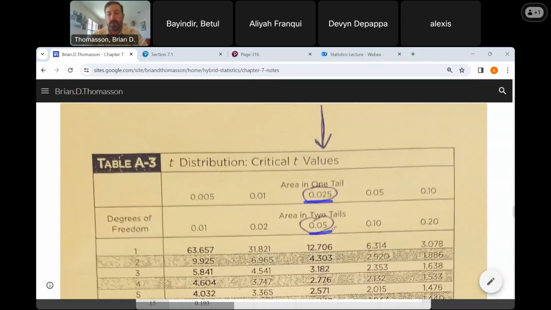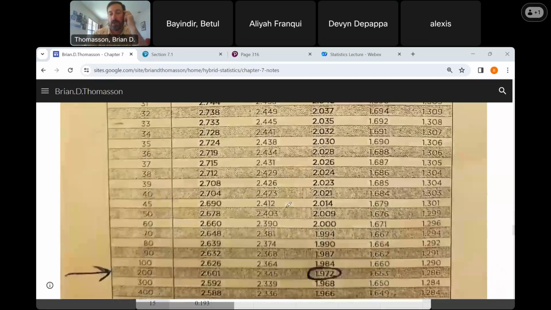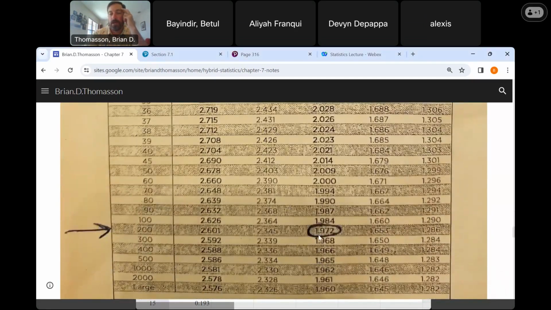That's just going back to what we have. We have a 95% confidence level, so we have 95 inside. So outside is 0.05, so the area in two tails would be 0.05, or area in either tail is 0.025. It doesn't matter if you look at area in one tail or two tails, it puts it in the same column. We just line up that row and that column, and we get 1.972, which is circled there.